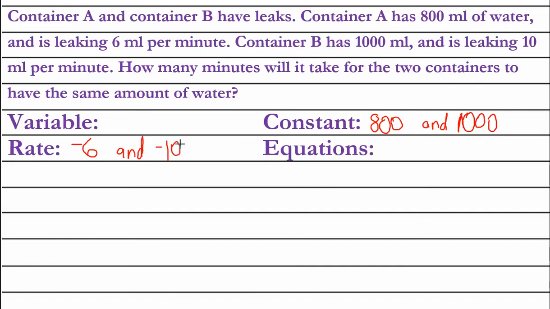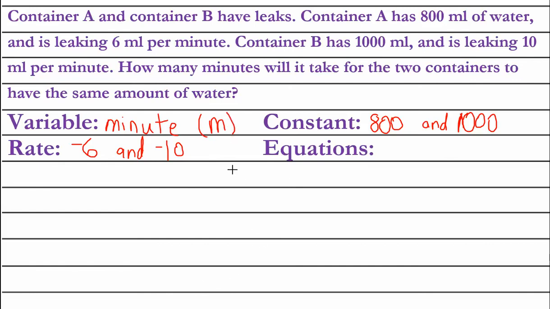So -10. And the question says how many minutes? So big surprise. Our variable is going to be minutes, and I'm going to abbreviate that and use the variable m.